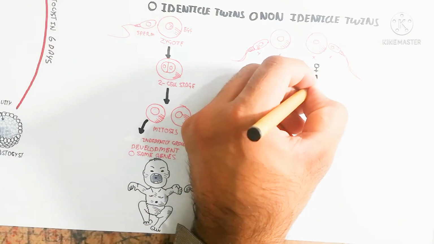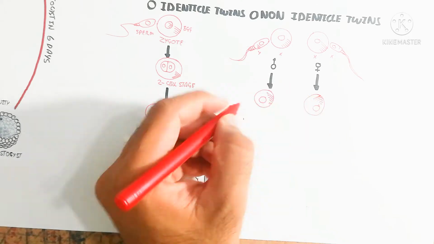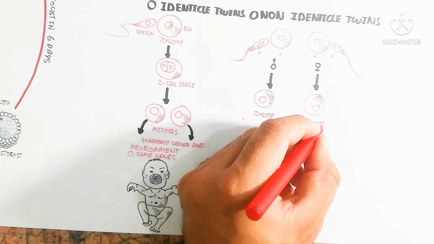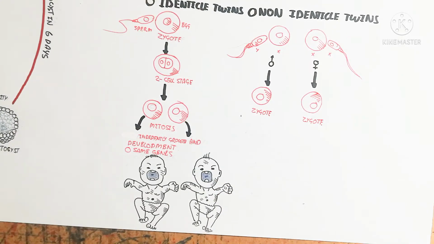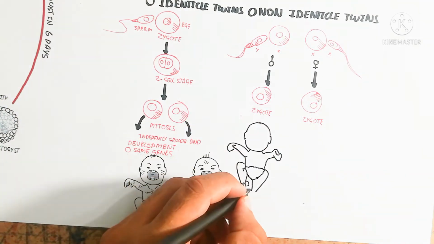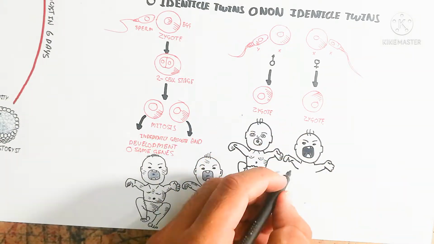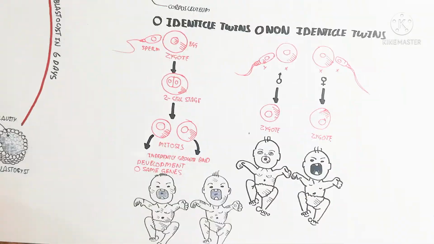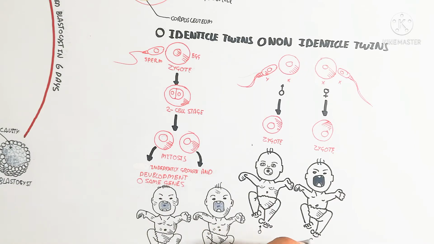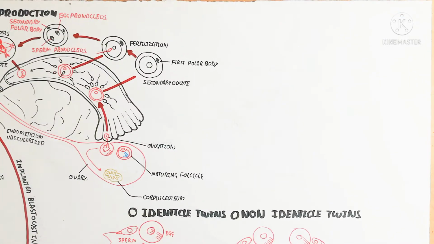sperm, which is haploid, binds with the X chromosome containing egg to form a zygote, known as the male. On the other hand, the haploid X chromosome containing sperm and an X containing egg unite to form a zygote also, so a male and a female baby can be produced, and these are genetically different.